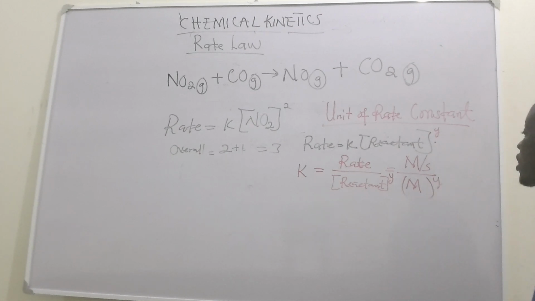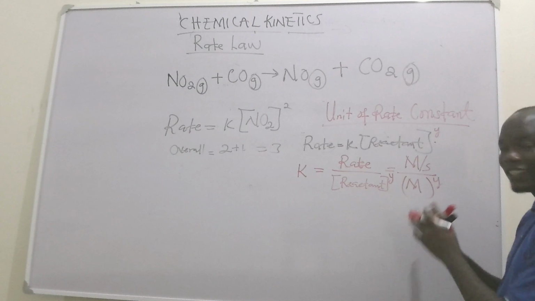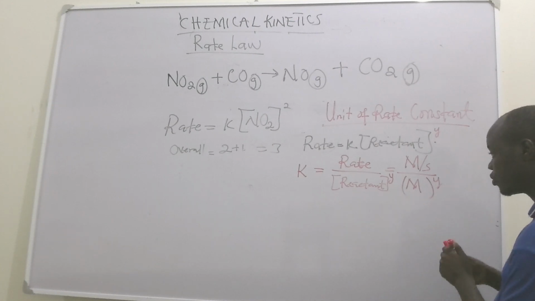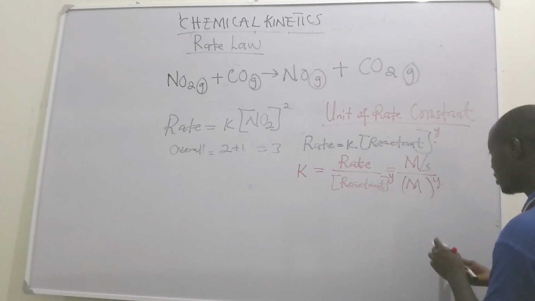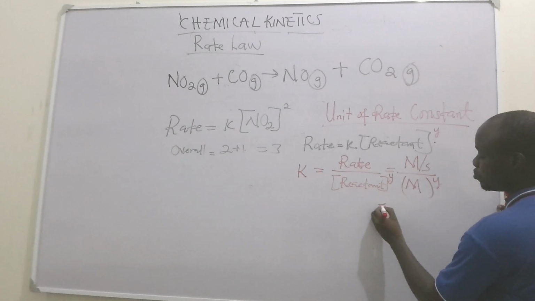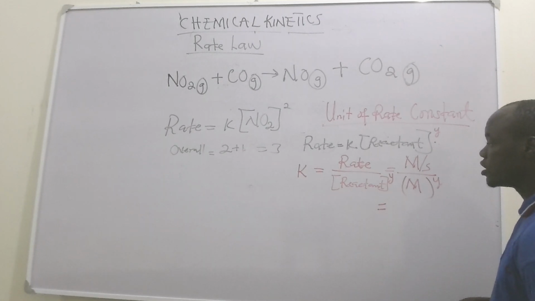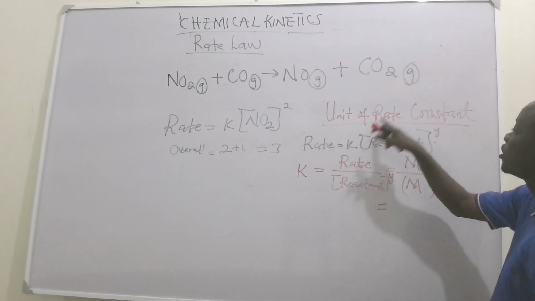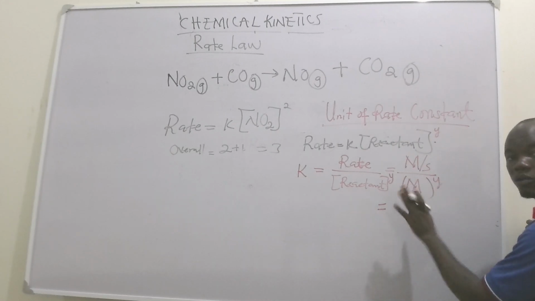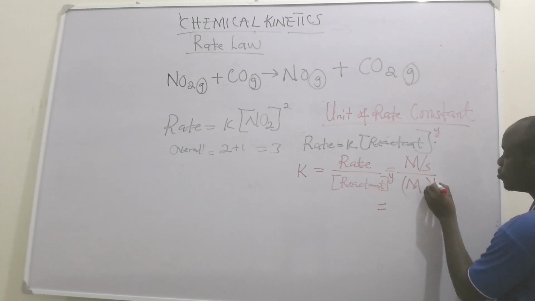Like for example now, if this reaction is first order, what does that mean? It means that if this reaction is first order, so what is going to be the unit of the rate constant? If it is first order, clearly we can see that the power of this is 1.